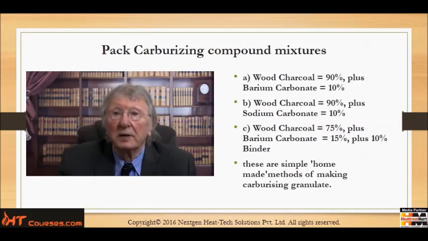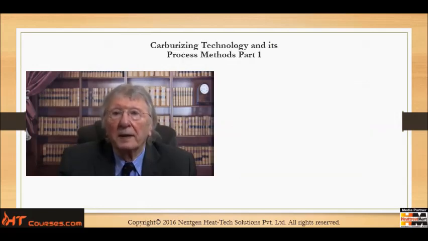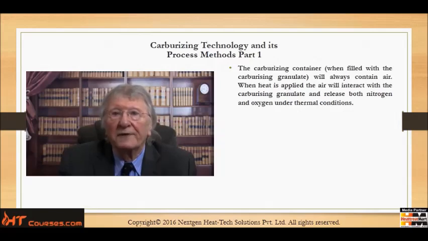On C, we can have wood charcoal 75% plus 15% barium carbonate, plus some homemade methods of making the granulate coagulate. The carburizing container, when filled with the carburizing granulate, will contain air and is heated up to the carburizing temperature. The air will interact with the carburizing granulate, releasing both nitrogen and oxygen under those thermal conditions.